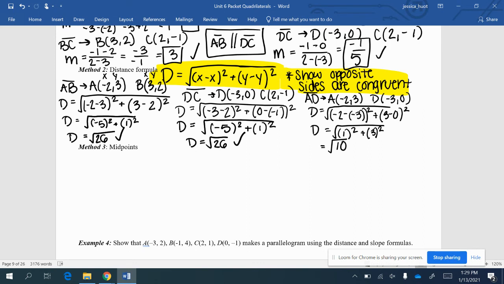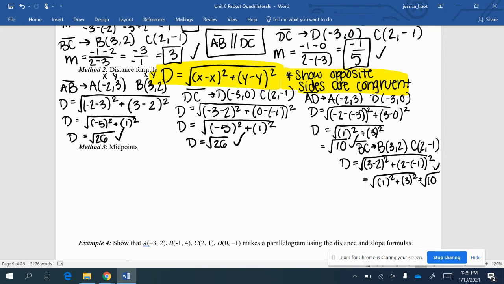I'm going to do BC down here because the midpoints aren't as long. So here, B, C, so they both match, so those sides are congruent. Okay, this is a lot.